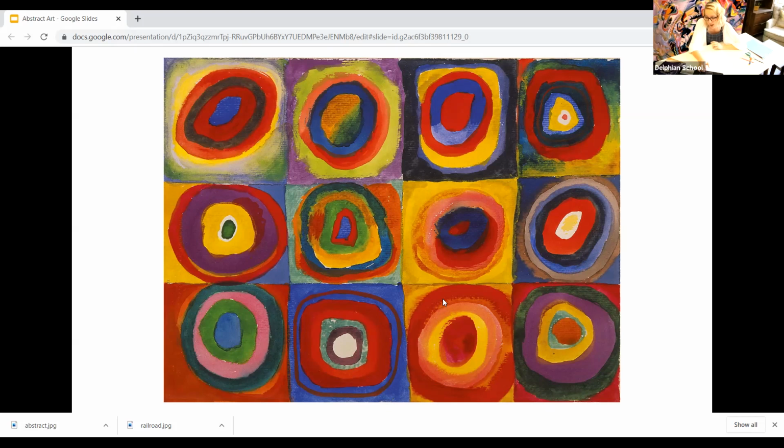Or if you're outside on a really bright sunny day and then you come inside, you sometimes see black spots. Your eyes are adjusting to the different lighting or the different colors. And something interesting about color that abstract artists really studied is how they vibrate when they're next to each other.